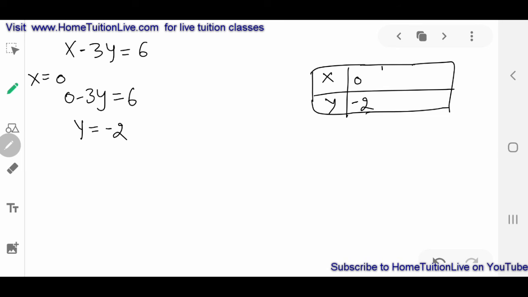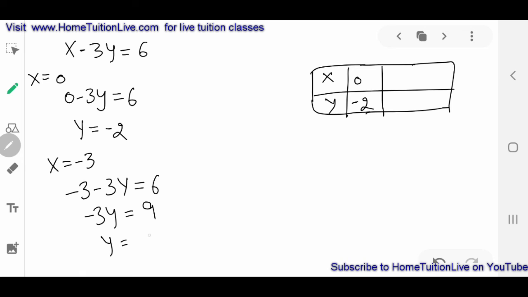Now if x is minus 3, minus 3 minus 3y equals 6, minus 3y equals 9, y equals minus 3. So for x equal to minus 3, y is also minus 3.